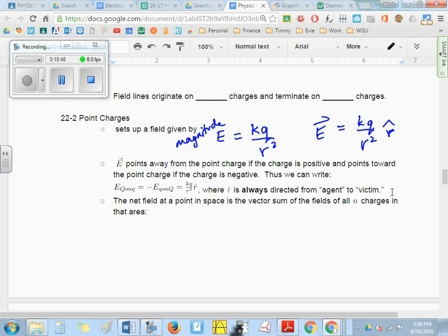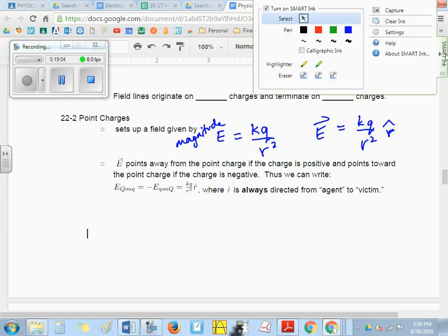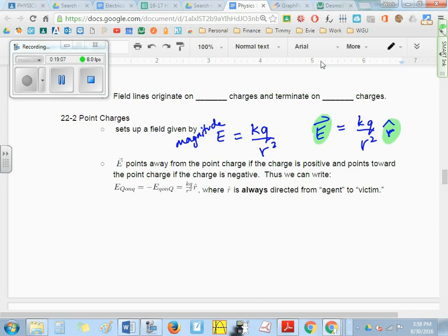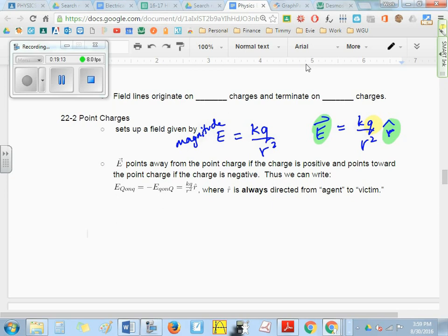Okay, we already said that whenever the field lines are pointing away, it's because the charge is positive, and whenever the field lines are pointing towards the charge, it's because that charge is negative. This actually now makes sense. So E and r hat being in direct proportion means that if Q is a positive number, and obviously k is a positive number, r squared is a positive number, then the charge is a positive charge, right?